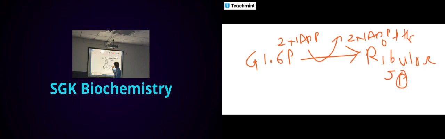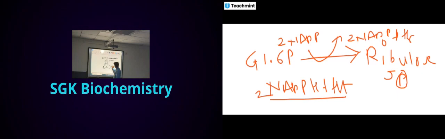So with respect to the importance of the HMP pathway, two molecules of NADPH plus H plus are available when one glucose is converted into one ribulose sugar.